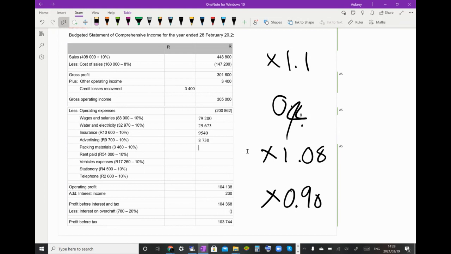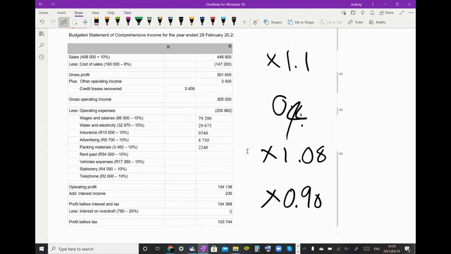All right, then the next one, 0.9 times 3,460. What do you get? Yeah, times 2,460. 2,240.